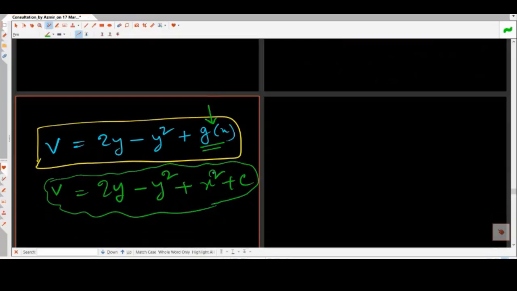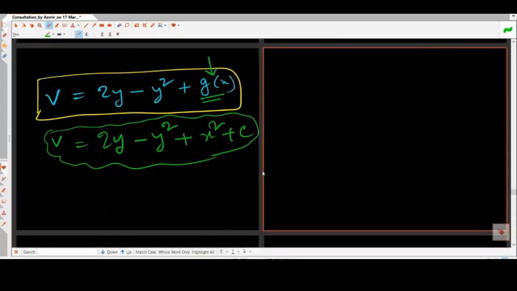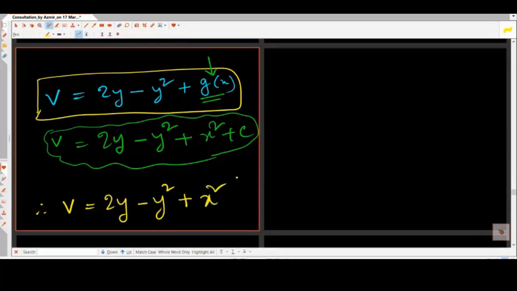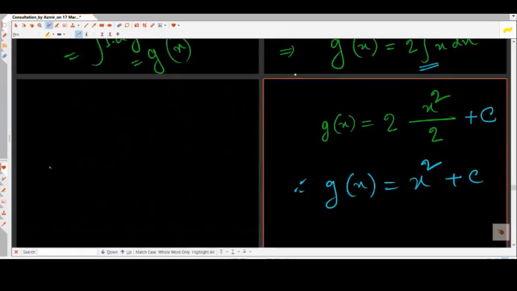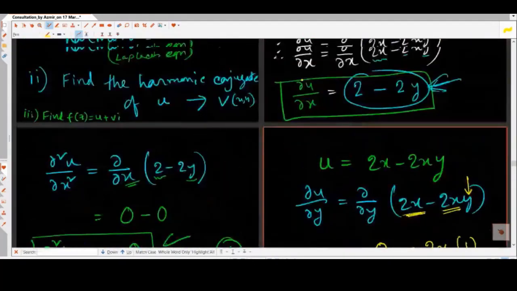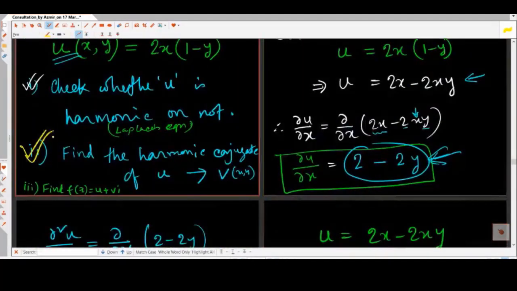In some textbooks, you will see that there is no c, so we can skip c. We can also write that v is 2y minus y squared plus x squared. So our second part is also done. We have found the conjugate harmonic function v. This is our second part.